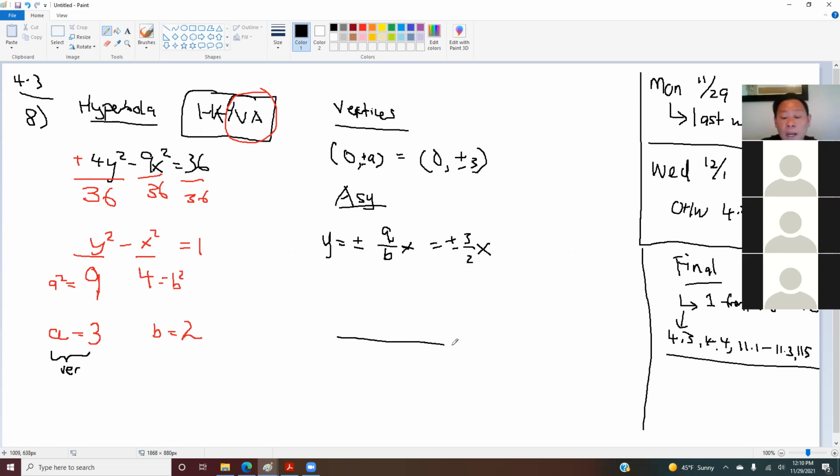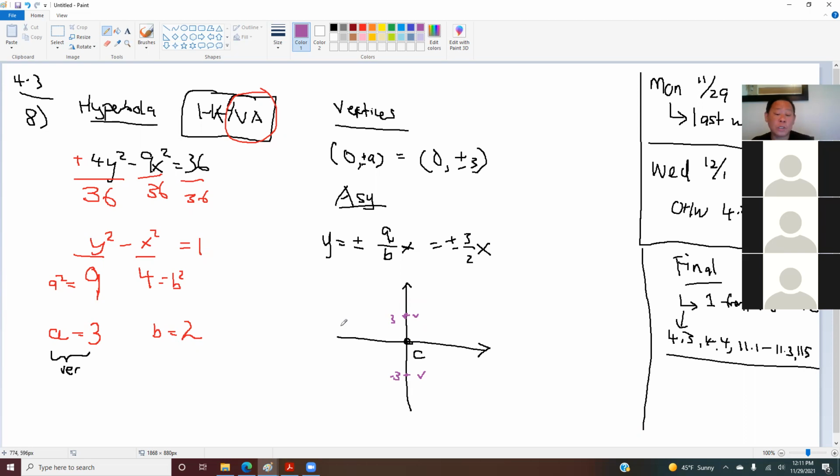So now we will be able to draw this graph. So the center in this case will be at 0, 0, because in this section, all the centers are at 0, 0. Your vertices in this case will be at 0, 3. So at 0, 3, you got your vertices. And 0, negative 3, you got your vertices.